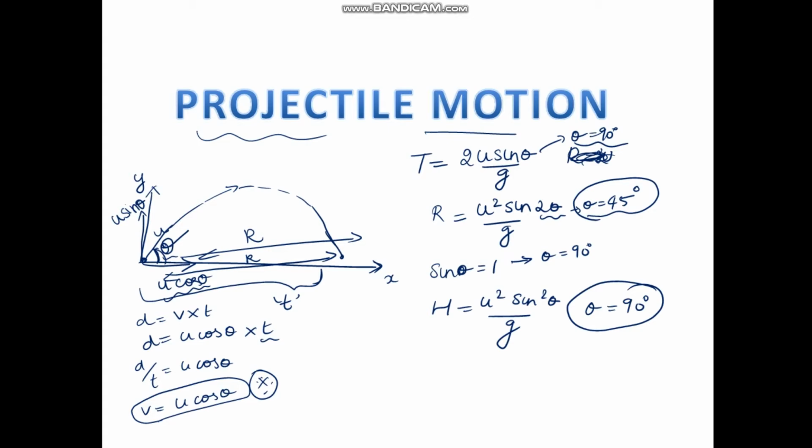Now the next formula you must remember in this concept: suppose the final velocity of the projectile is perpendicular to the initial velocity, then v is equal to u cot theta. This is the special case you must remember in the case of projectile.